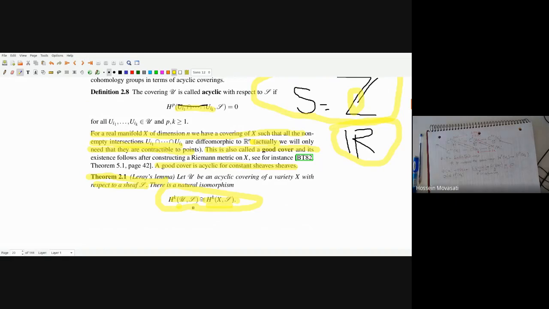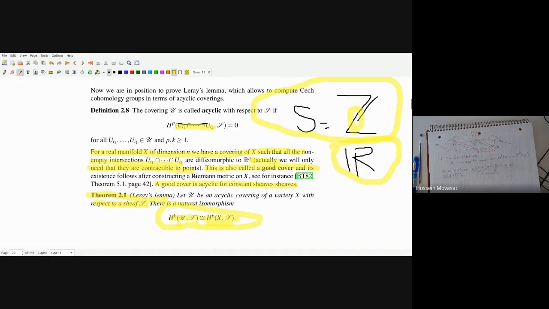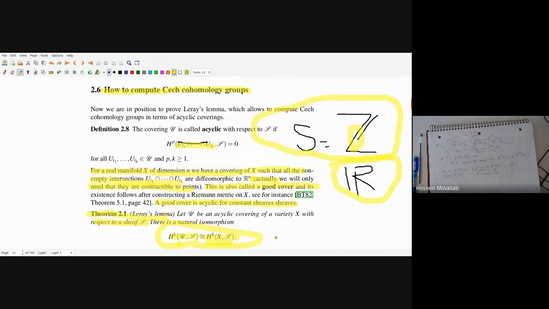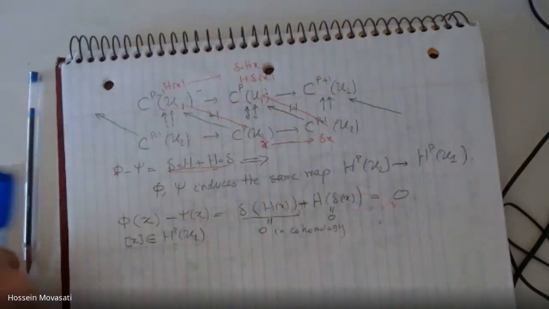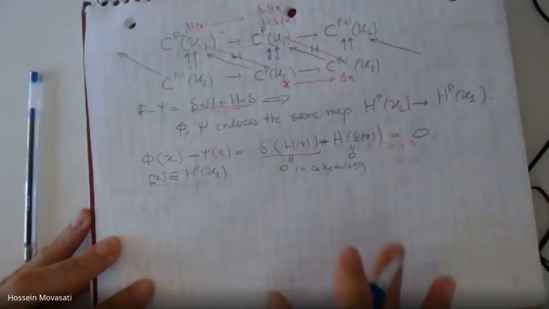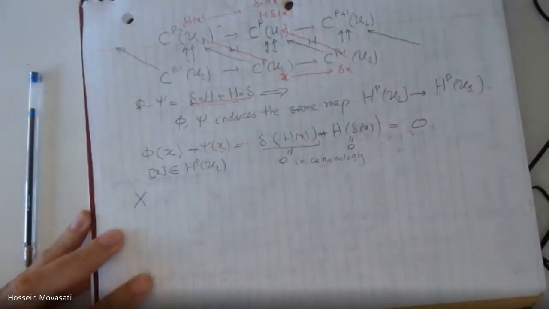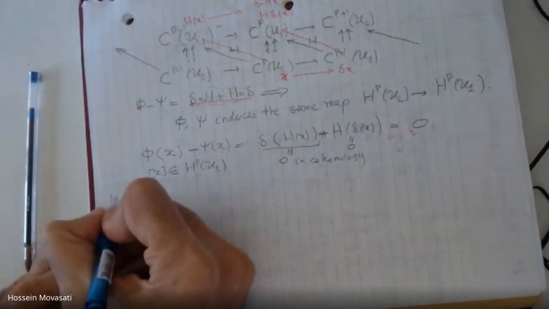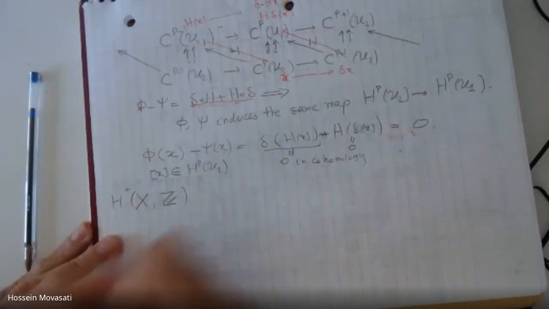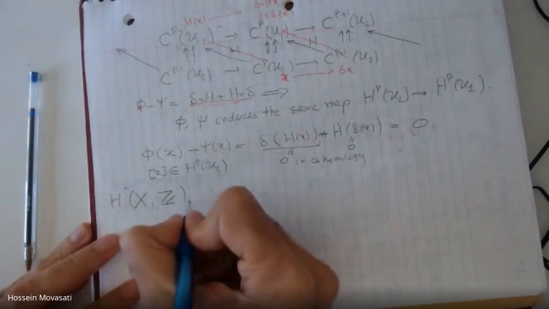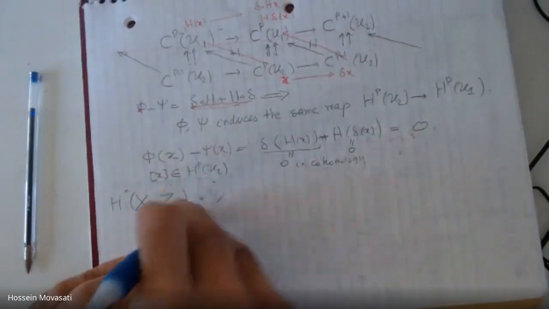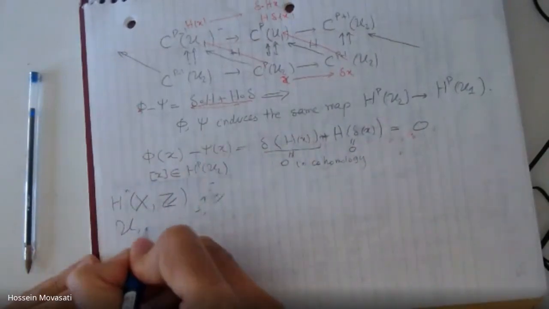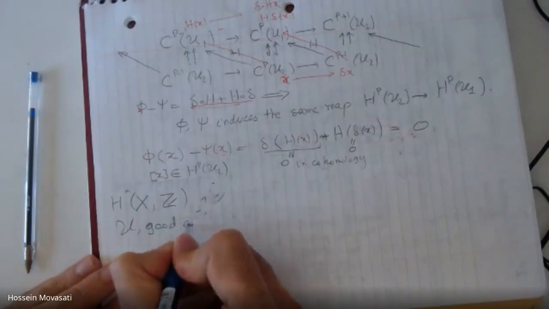For the moment, the moral of the story is that, maybe I write it. Okay. So back to my camera. The moral of the story is that if I want to work with H^n(X, Z), then I have to just take U, a good cover.